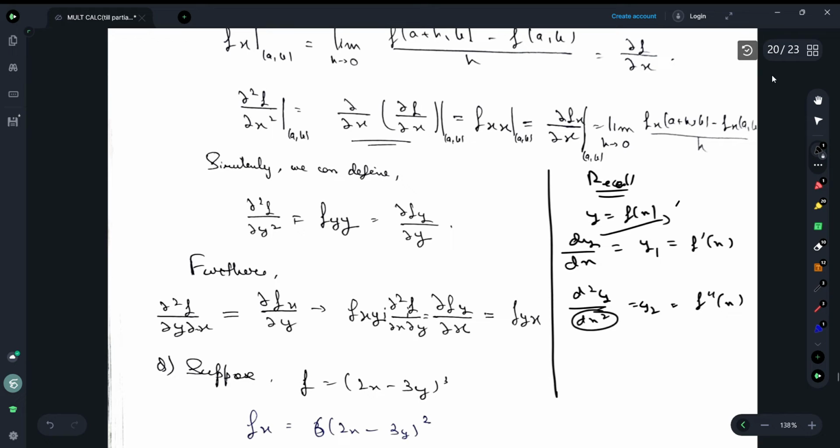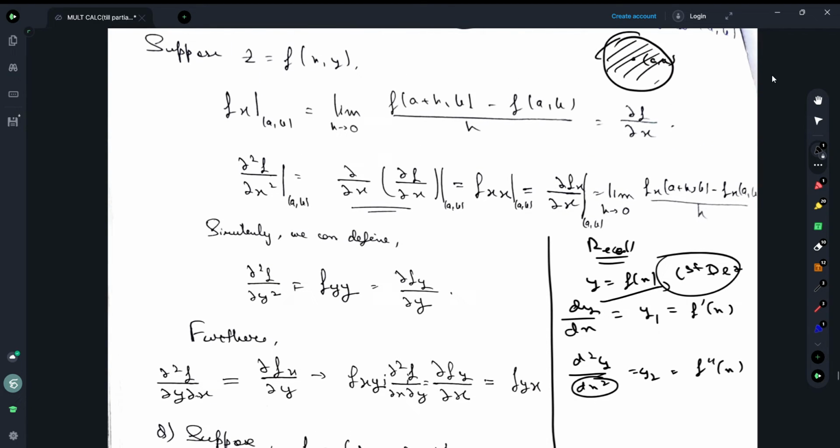This is called the first derivative, right? Differentiating the first derivative with respect to x gives you the second derivative. The same explanation is given here as well. So fx is the first partial derivative with respect to x, which is given by this particular value. If you differentiate the first partial derivative with respect to x again, then you get the second partial derivative with respect to x, and it is denoted by fxx.